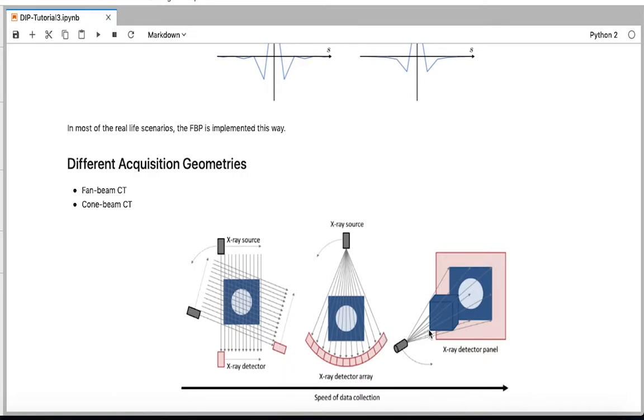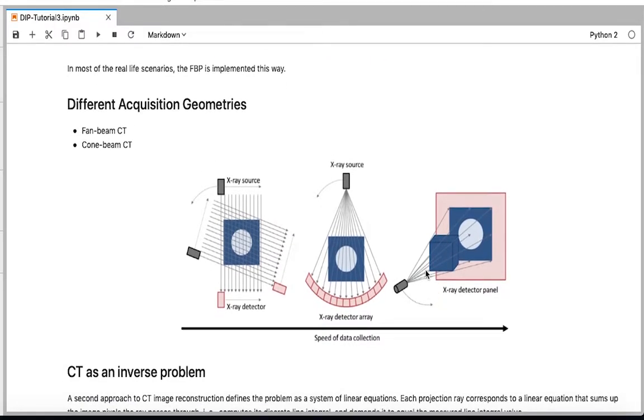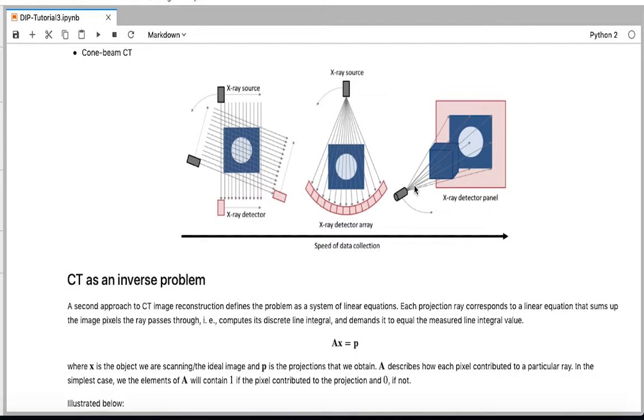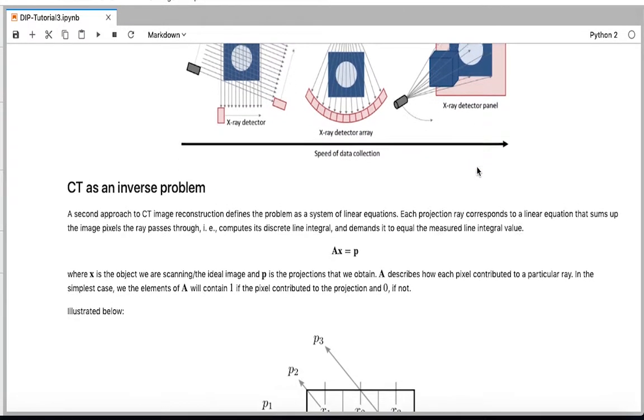There are papers which show that the math is very similar, and you can extrapolate the case that we discussed here to these geometries. Cone beam CT is the latest thing, and you don't just send it to a single linear, 1D array of receivers anymore. You send it to a 2D one. So this is more used recently.